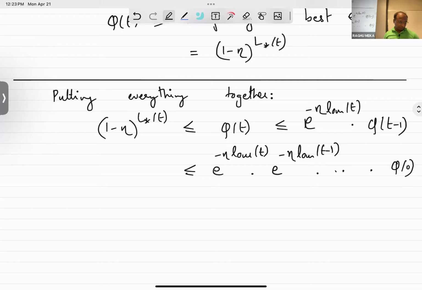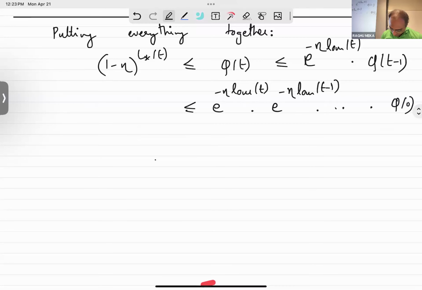Okay. This was a reason to switch to exponentials, because when you multiply exponentials, it just becomes a sum in the exponent.